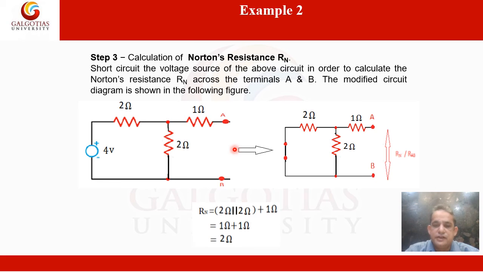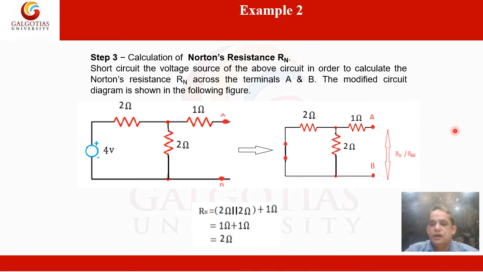Now we find the Norton resistance across terminals A and B. Here we see that two 2 ohm resistances in parallel are connected in series with a 1 ohm resistance. Now we calculate RN. RN is 2 ohm.